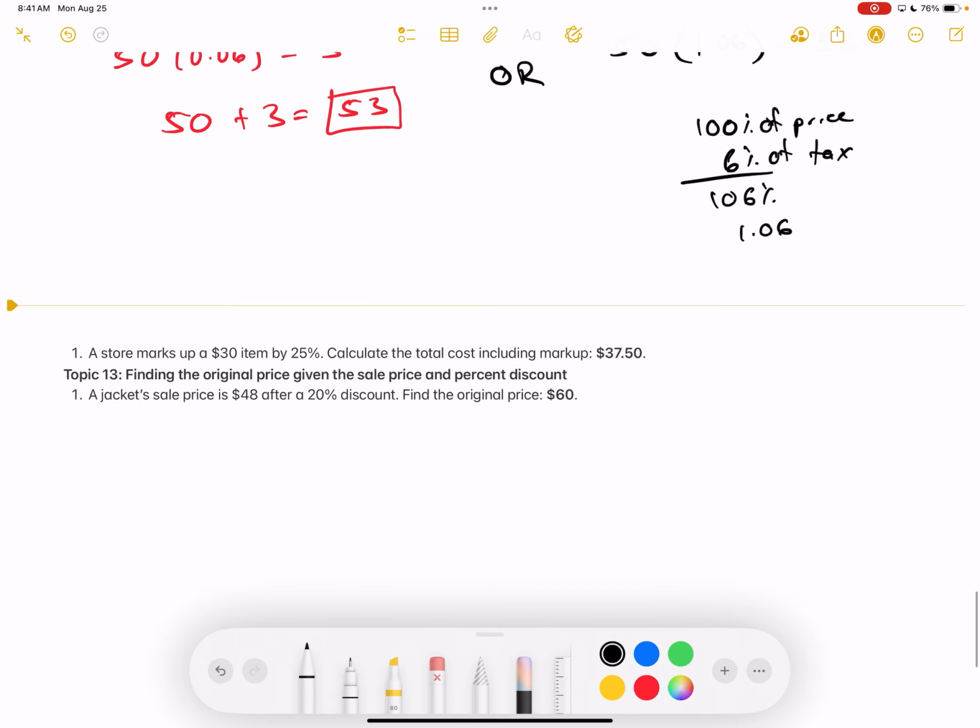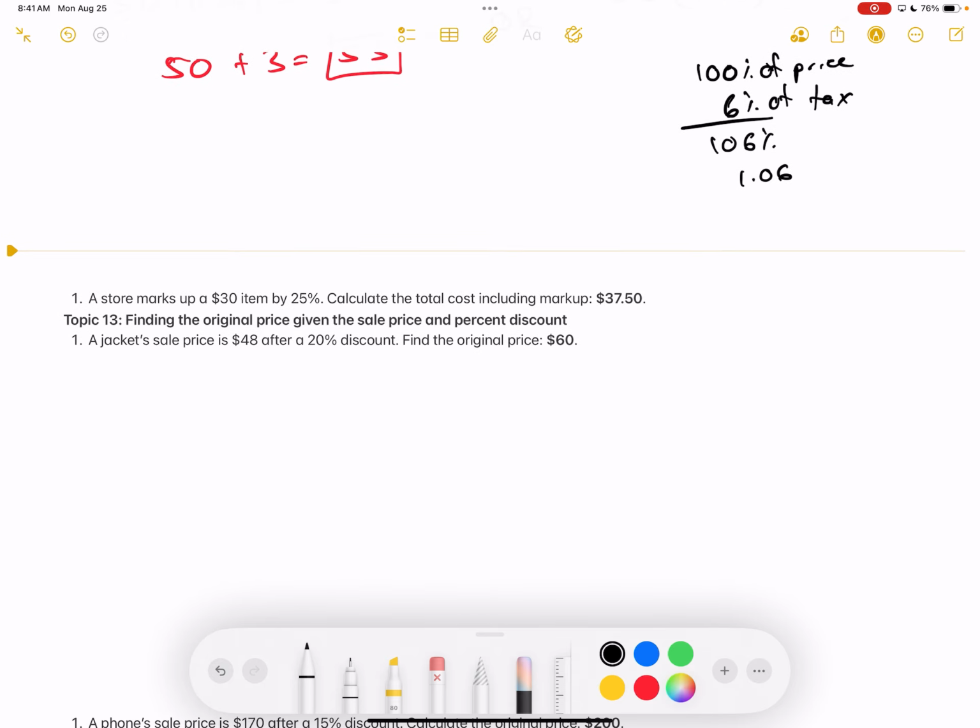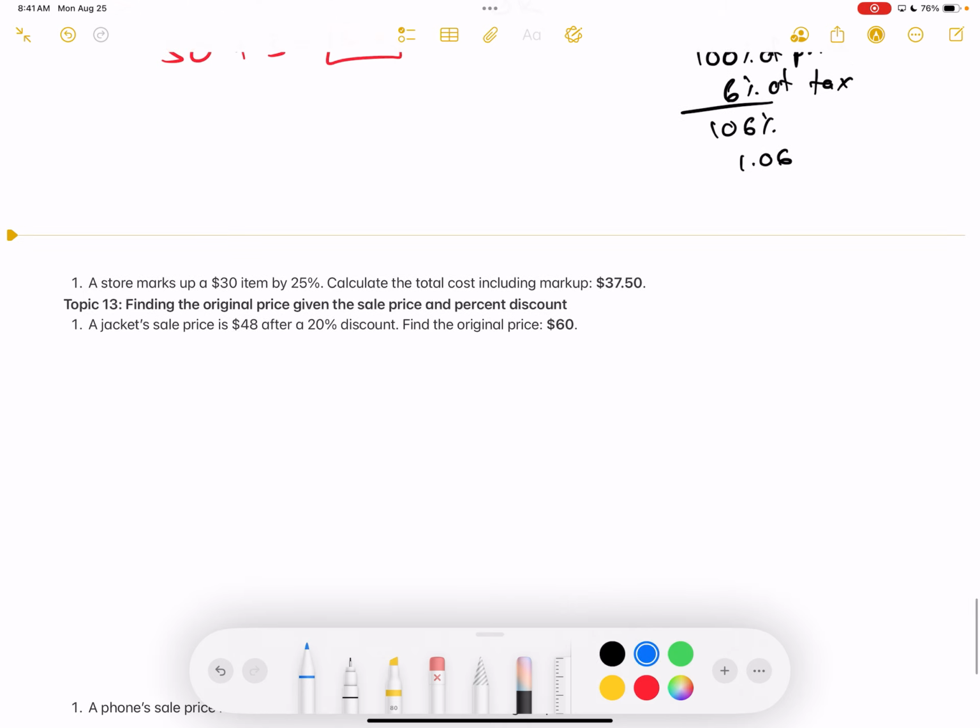Now the last one, a jacket sale price is $48 after a 20% discount. Find the original price. All right. On the other one where we were finding the discount, we multiplied. So on this one, we want to divide.